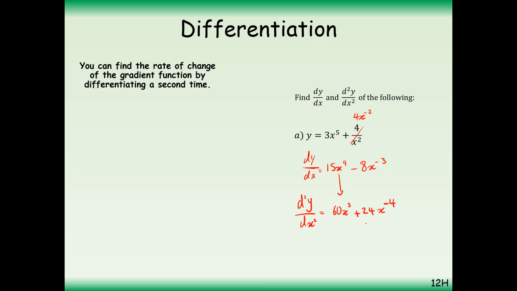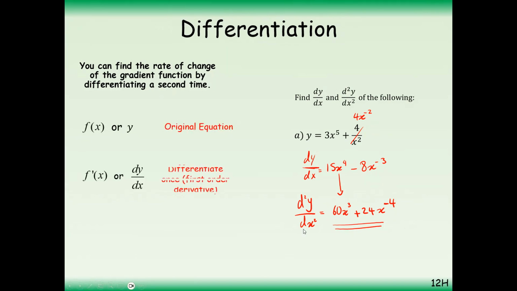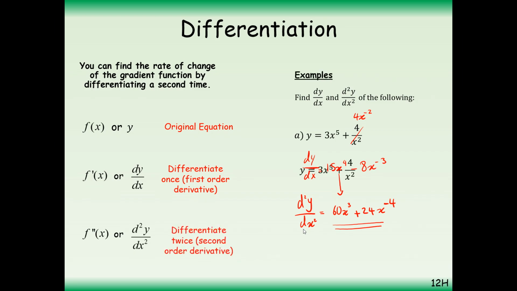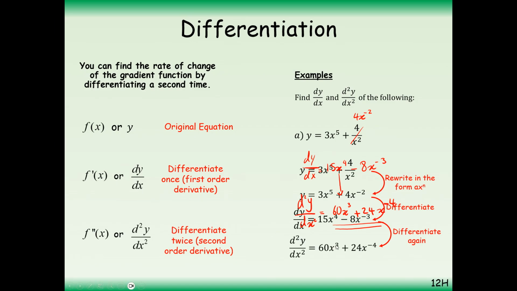This is basically it. That is the second order derivative. Okay, so if they ask you what to do, that's what you will be doing. Alright, so apologies about my writing. You see, these exactly match. Right? So that is how you do that.